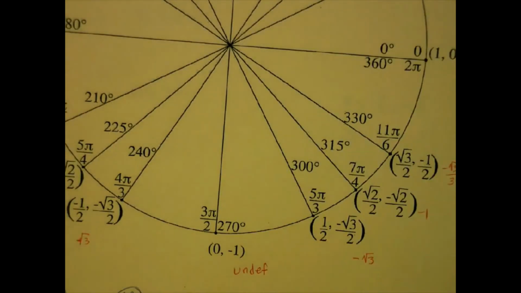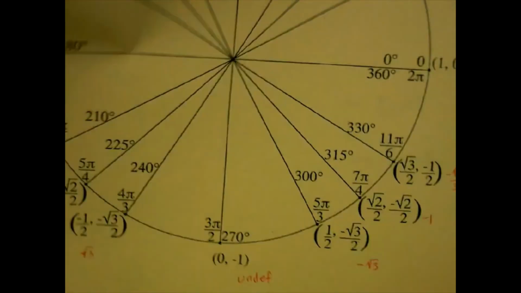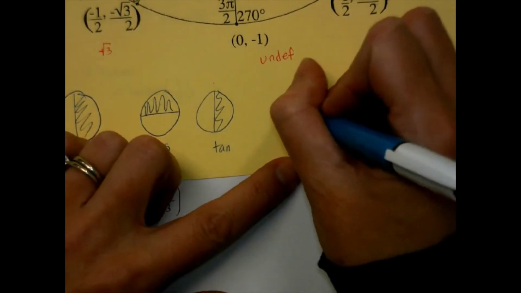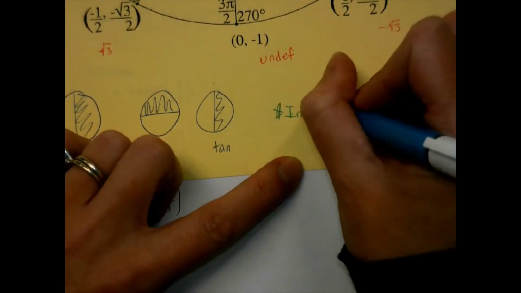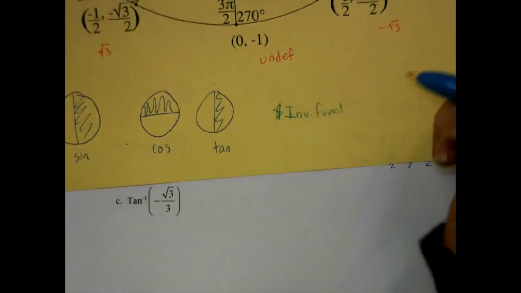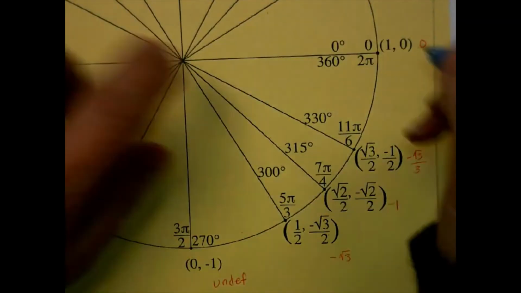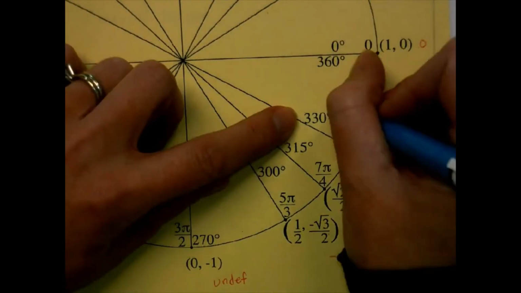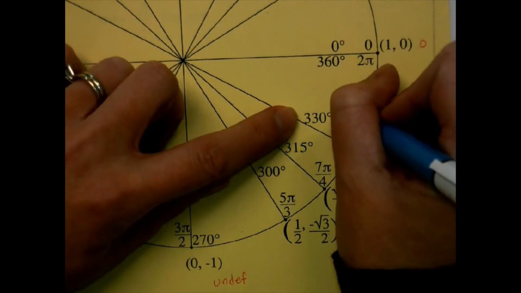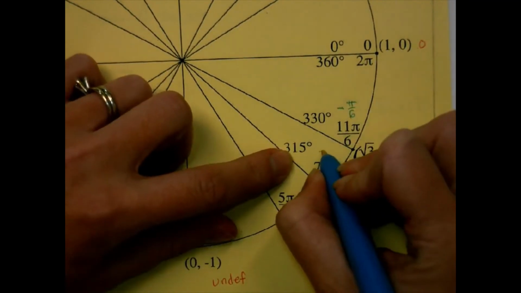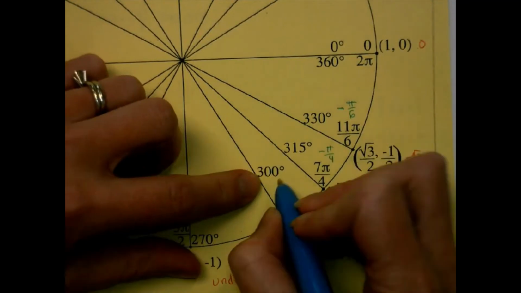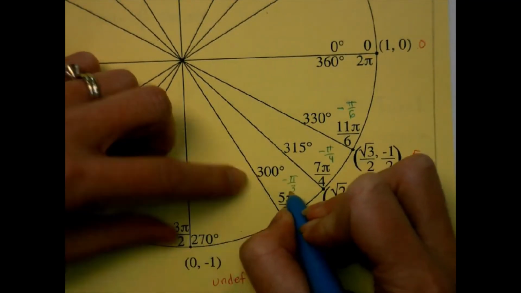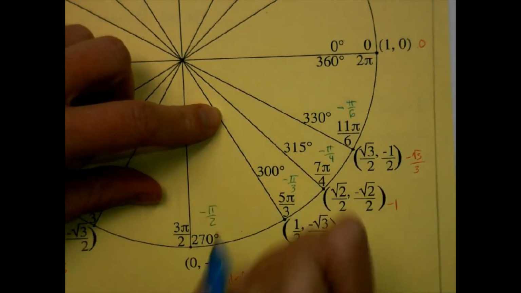So you might add something like inverse function in a different color, where this is going to be 0, this is negative pi over 6, not 11 pi over 6, this is negative pi over 4, this is negative pi over 3, this is negative pi over 2, and so on.